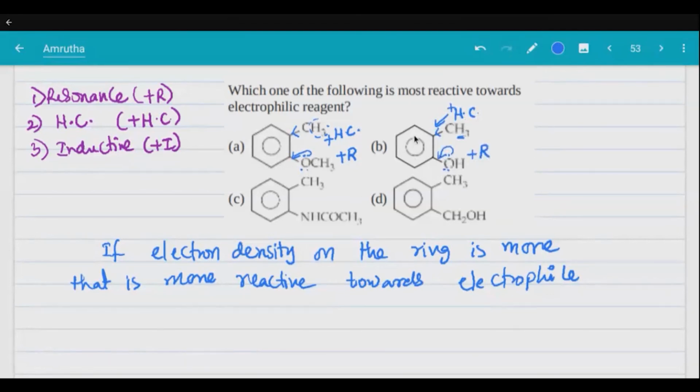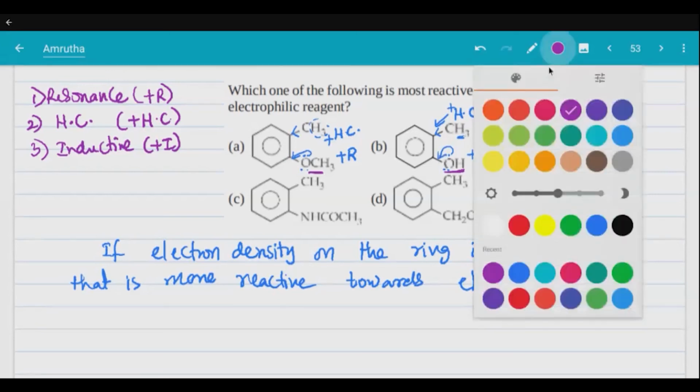Now A and B options, both have hyperconjugation and both have resonance, but for which structure is more resonance possible, OH or OCH3? Look at this. Resonance is the same, because the oxygen atom is there. Yes, exactly.